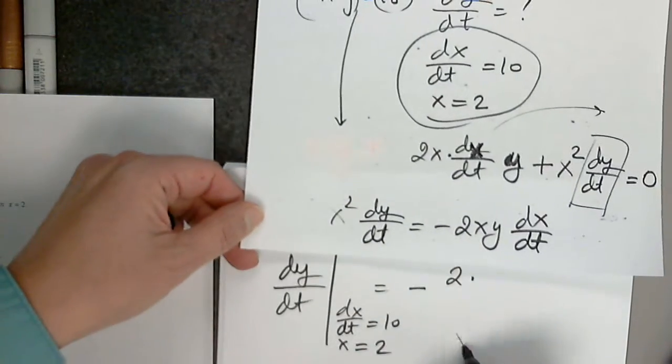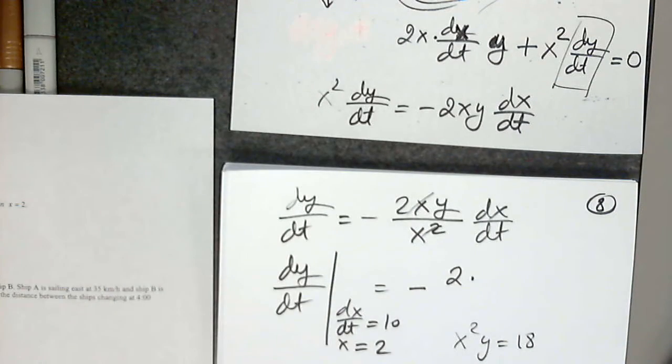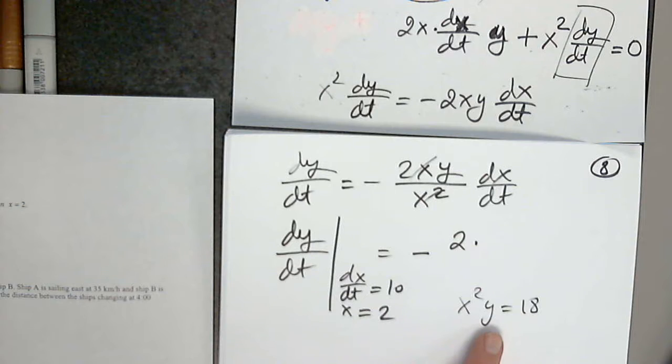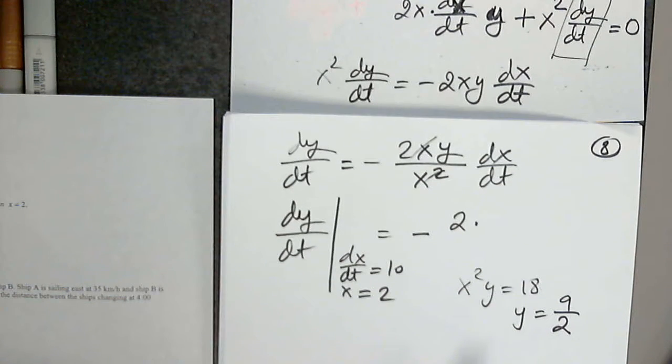Here's my equation: x squared y equals 18. I am told that x equals 2. I need to determine y. How much is y? I have 18. I have 4. 4y equals 18. So then y equals 9 divided by 2. 18 over 4, 9 over 2. Correct? Are you with me?